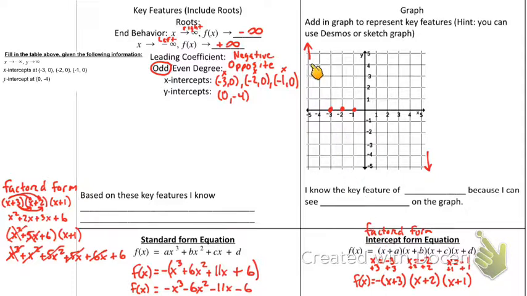Okay? So we have to connect this arrow with only passing through these dots here. Okay? So if you look, we're going to use factor form. Okay? Because we have to find the degree. Does it cross or does it bounce? All right? So let's start connecting. So we're going to go here. Let's connect this here.